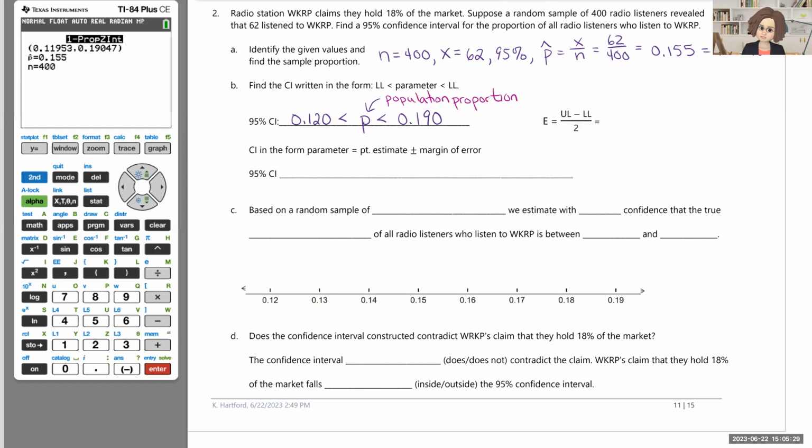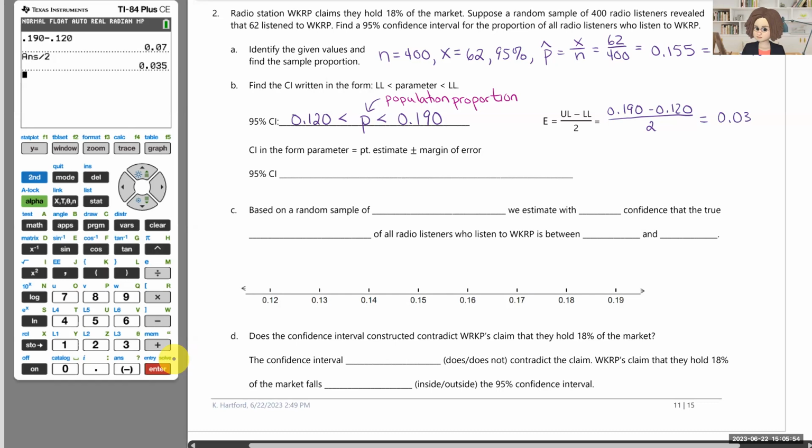So the upper limit, 0.190, minus the lower limit, 0.120, divide that by 2. We want to make sure we get order of operations correct. So we do our numerator, hit enter there, that's the numerator, and then divide by 2. And that's 0.035, or as a percent there, 3.5%.